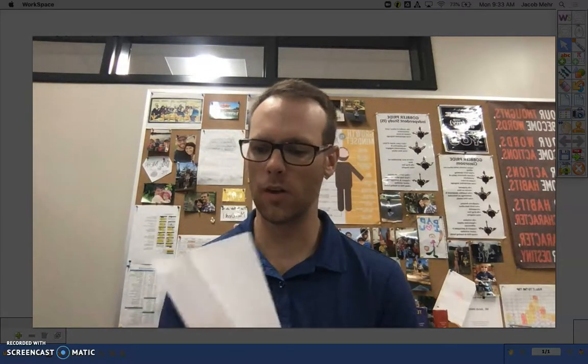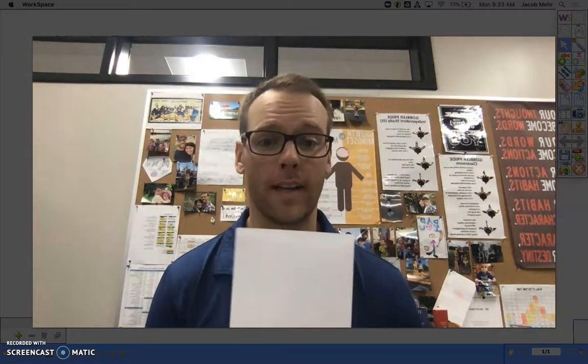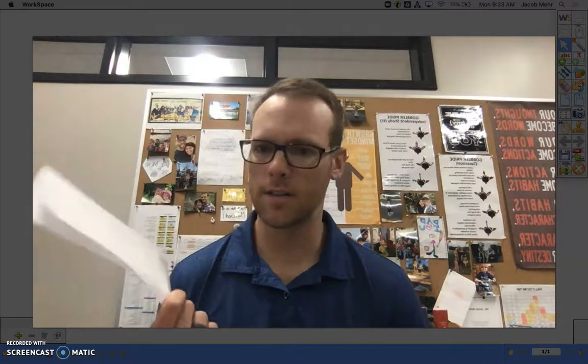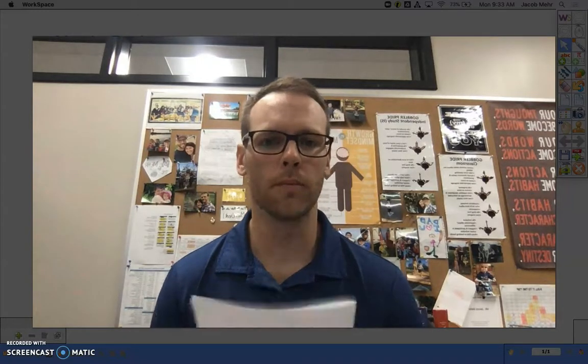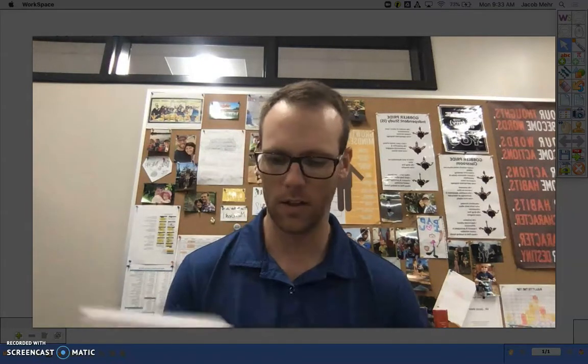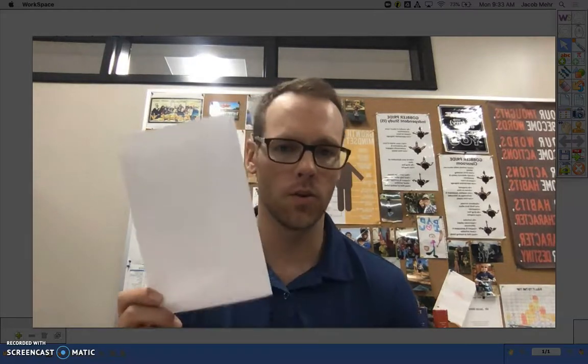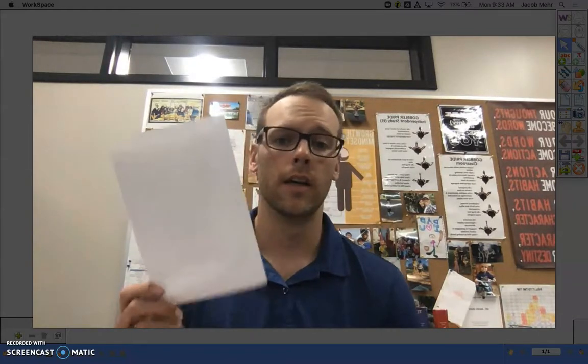It gives me 1, 2, 3, 4 pages that I can fill with identities. Now, I'd suggest taking something like printer paper, just because it's a little sturdier than notebook paper if you have it, but I totally understand not all of you are going to have it. So a piece of notebook paper will do just fine. And what you're going to do is you're going to start to put your identities into this.